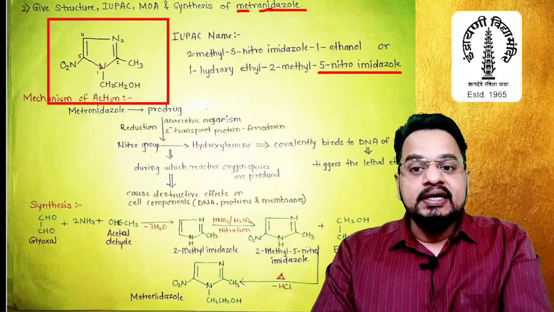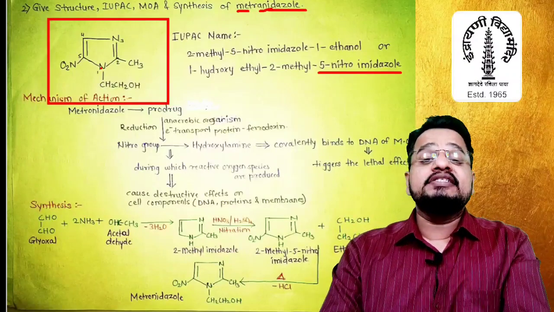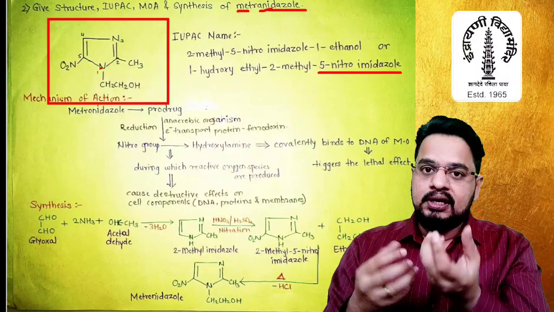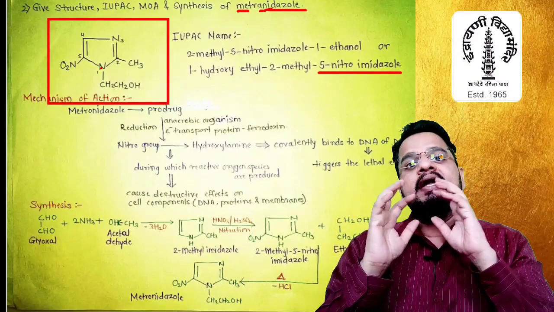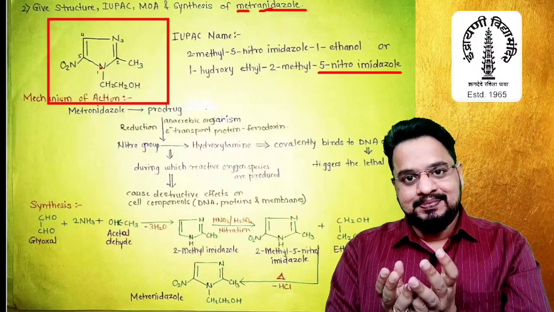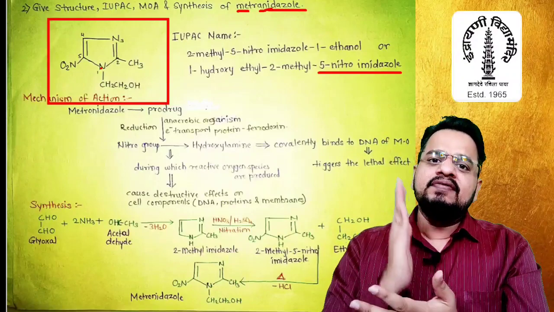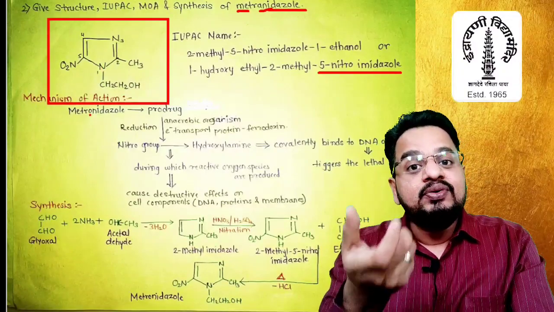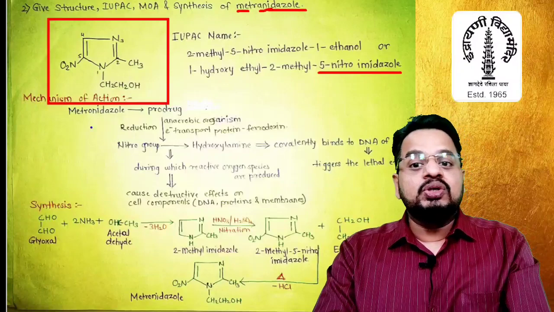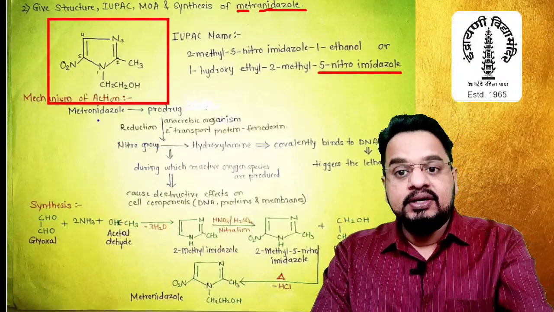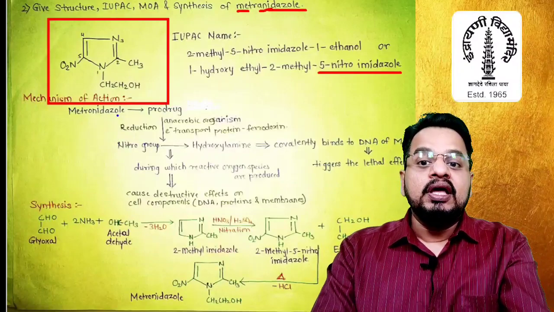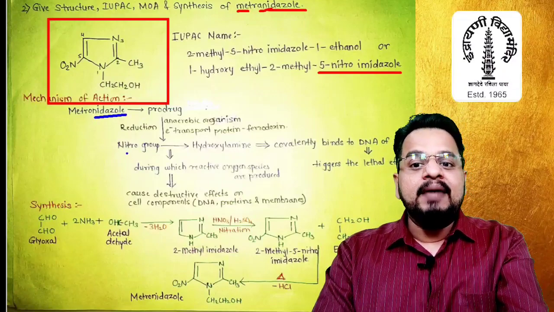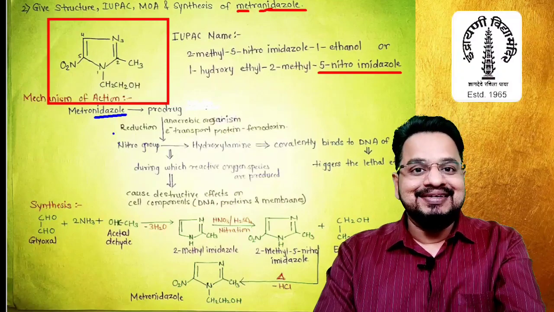Now this metronidazole is actually acting as a prodrug. What is a prodrug? A prodrug is actually a drug with some pro-moiety, and once it enters the system, it will undergo chemical cleavage or enzymatic cleavage or certain reactions to release the active constituent. Similarly in this case, the metronidazole prodrug will undergo a reduction reaction.